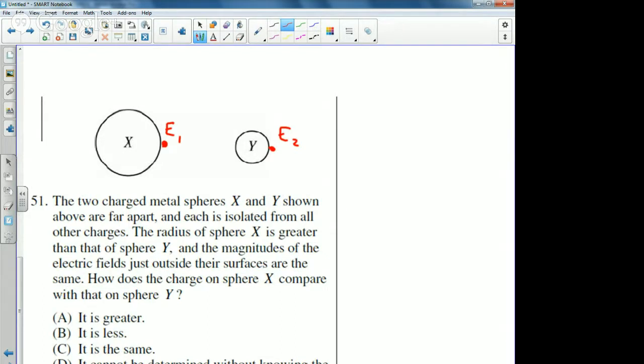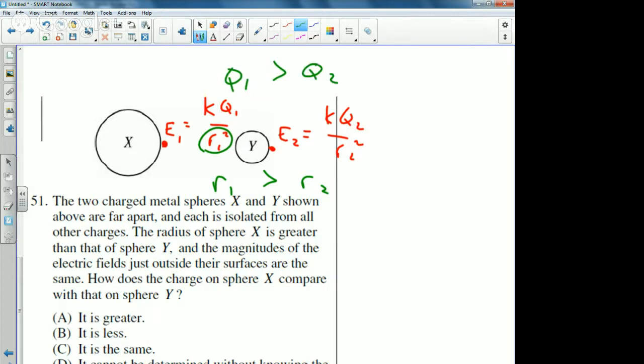The answer is no, it can't be, because overall it's KQ1 over R1 squared equals KQ2 over R2 squared. We can see R1 is greater than R2. That make sense? So therefore, Q1 must be greater than Q2 in order for this to actually work out. So the answer is choice A. It has to be greater in order to get the same E equals KQ over R squared.